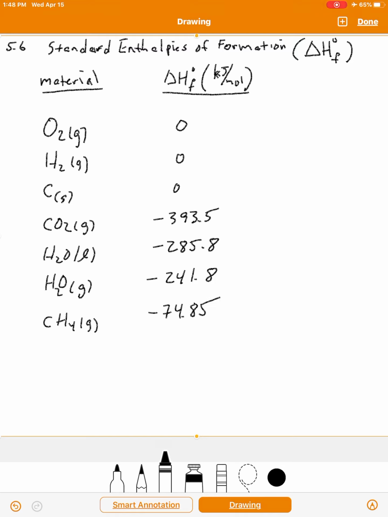And we could just keep doing this for many, many different materials. In fact, you can even do it for atomic oxygen, and it's plus 495. So we can tabulate these, and they're all shown in your textbook. In the eBook, they're shown in Appendix 2.